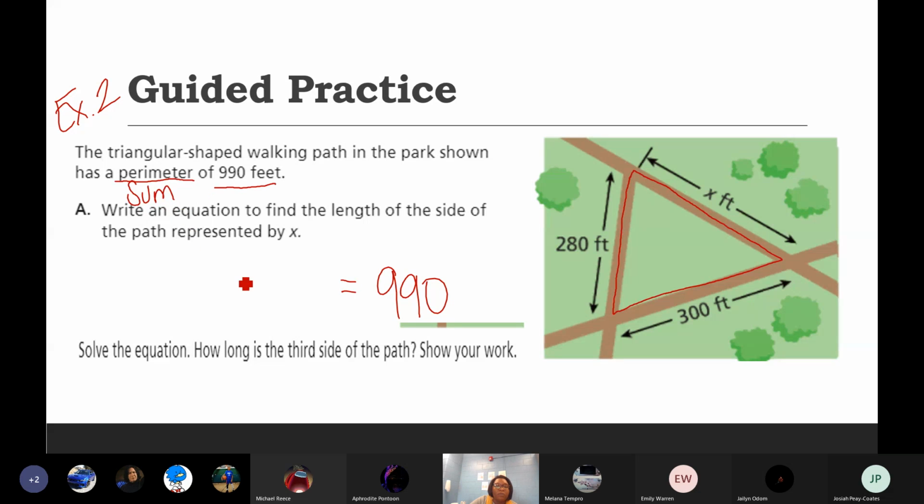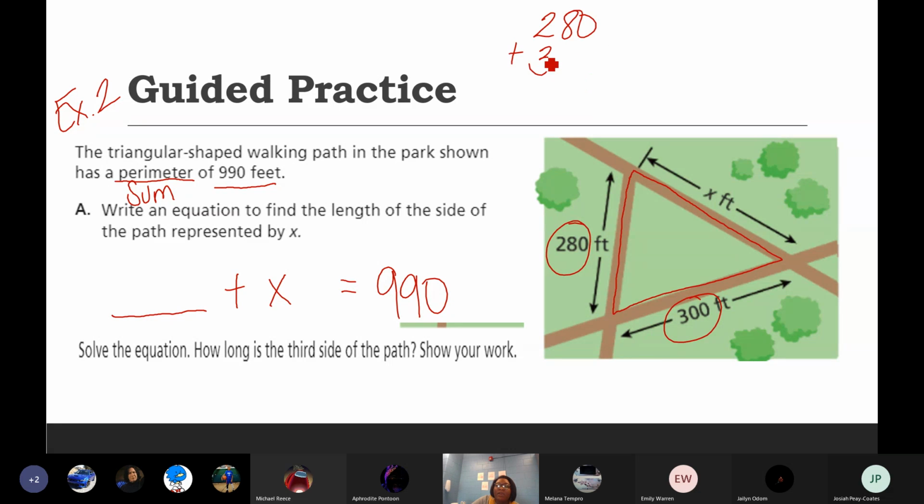Very good. So, something plus X. But only one number can go here. So what must I do with 280 and 300? Add them together.